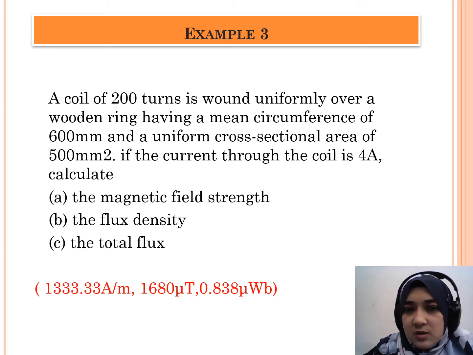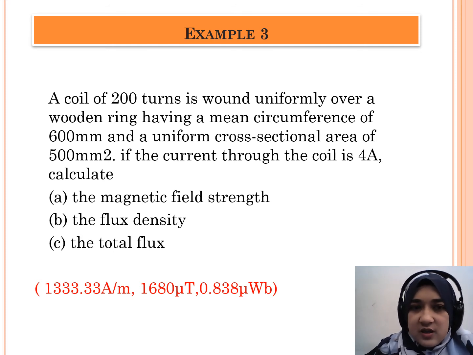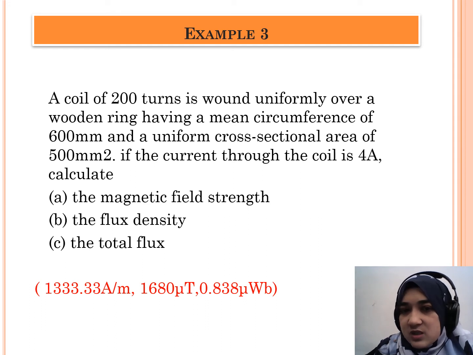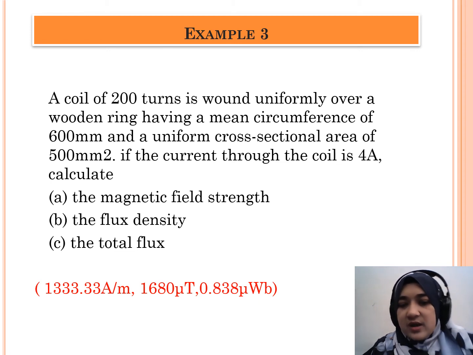So the total permeability mu is just the permeability of free space, 4 pi times 10 to the power of negative 7. This one is the L, 600 millimeter, and the A is 500 millimeter squared, and I is 4 ampere. Okay, you should get this answer. Try yourself.